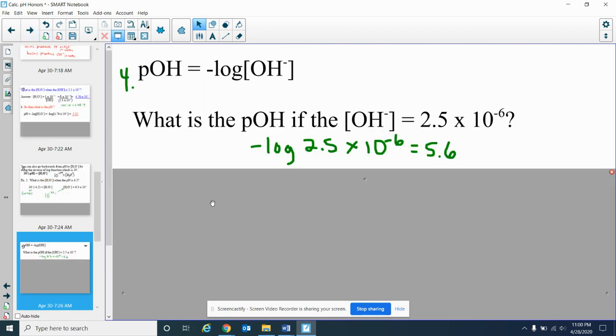pOH is not something that we talk about too much because in our world we use pH to describe the acidity of things. pOH is kind of like the opposite. It's minus the log of the OH concentration. And so we're just definitely more familiar with pH. On commercials, they'll talk about the pH of different things, sometimes as a selling point.